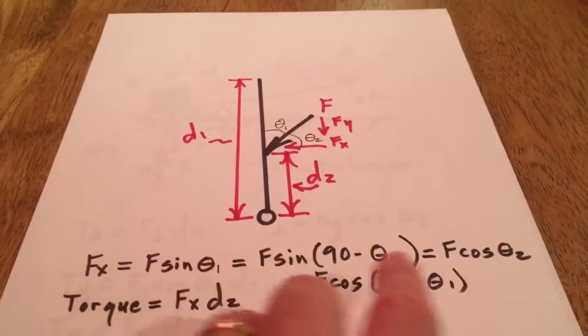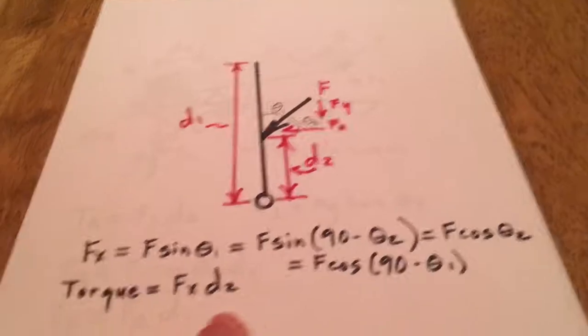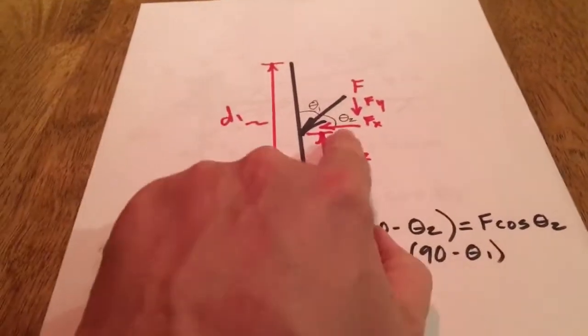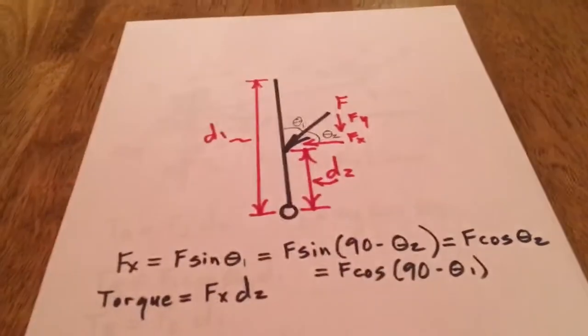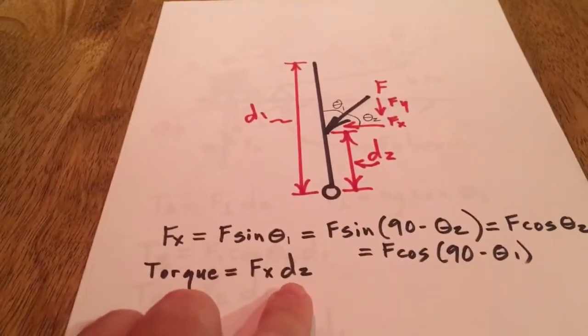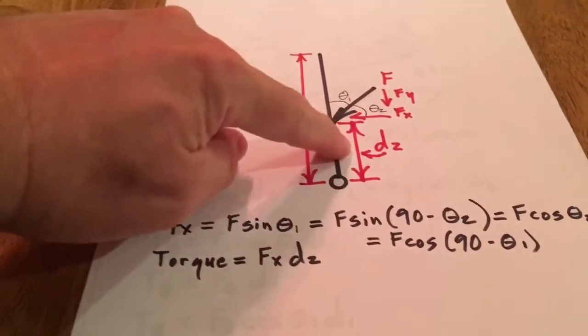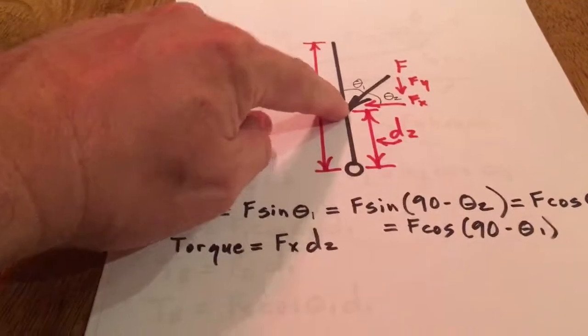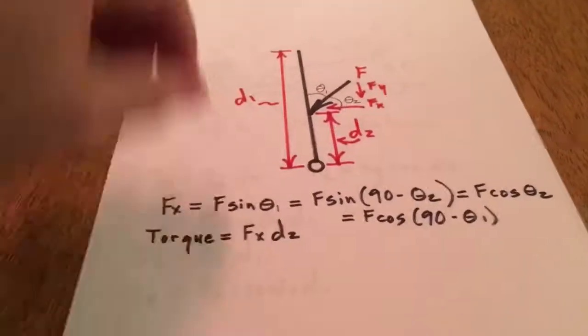If you have any questions about that, you'll have to talk to me later. But each of these will give you that same f sub x component. And again, torque is equal to f sub x times the distance 2, and that's the distance that we care about. It's the distance from the point of contact to the center.